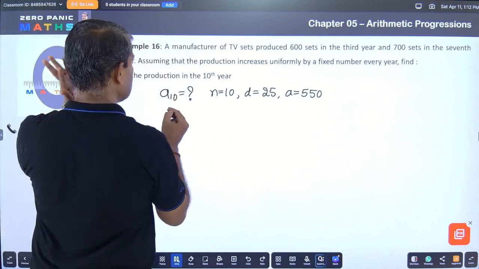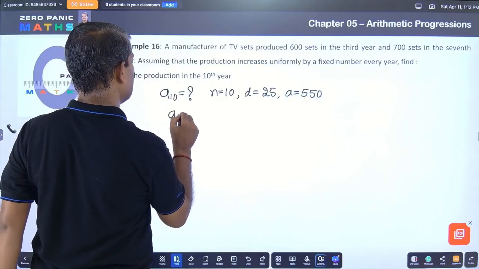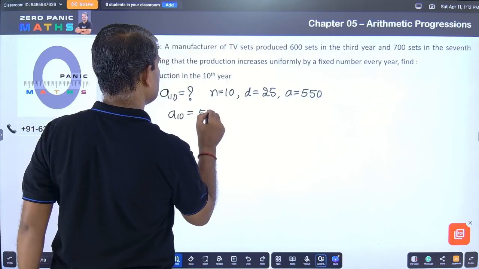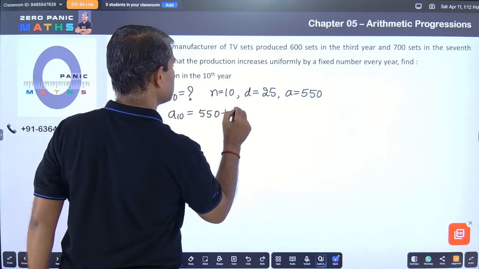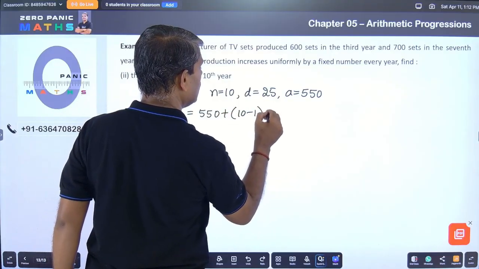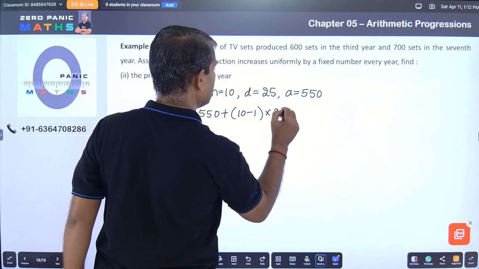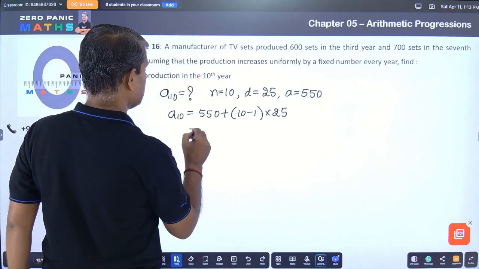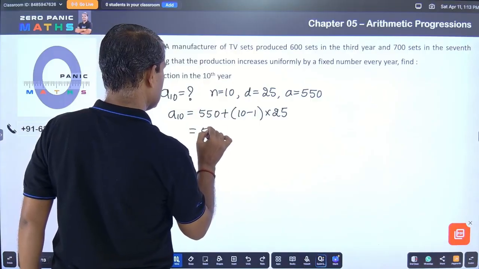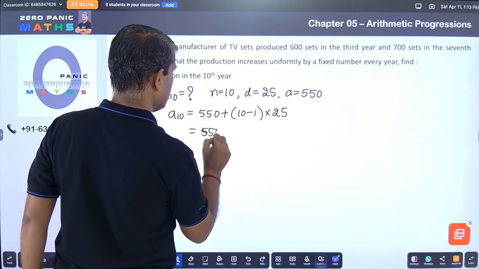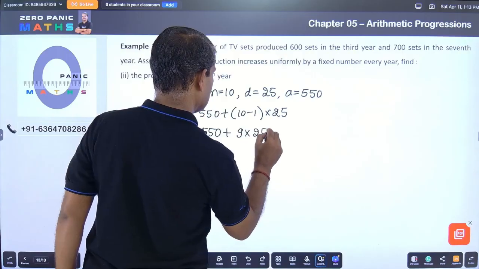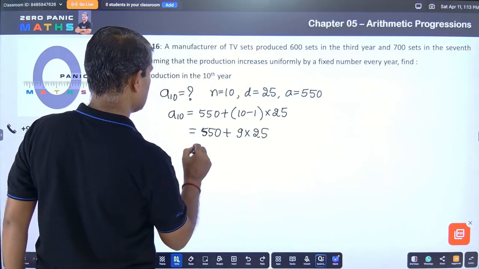Now let us find out what is An. A10 is A, that is 550, plus n minus 1 into d, that is 10 minus 1 into 25. It is 550 plus 9 into 25. 9 into 25 is 225.